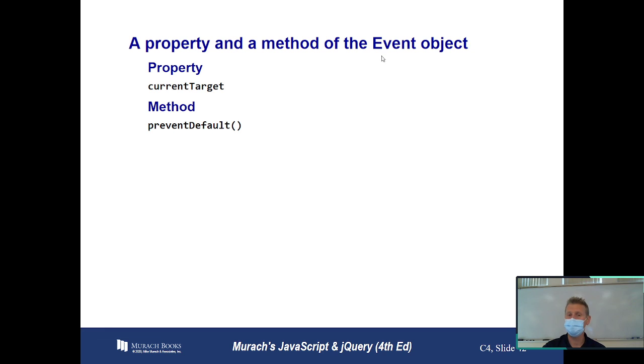This event object, typically what it can be used for: some things have default behaviors, like, for example, links. You ever click a link and it says, you must be 18 to enter, kind of thing. It doesn't navigate to the link right away, but instead it gives you a little warning. Are you sure you want to navigate to this link?